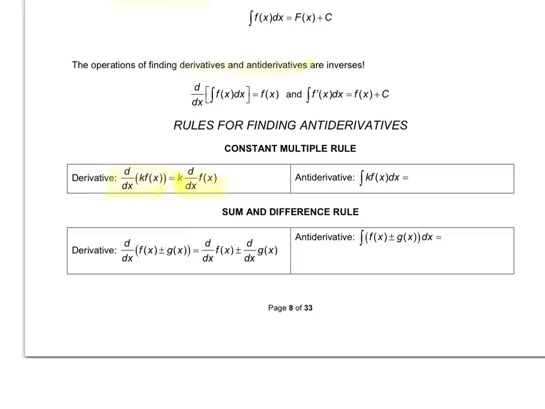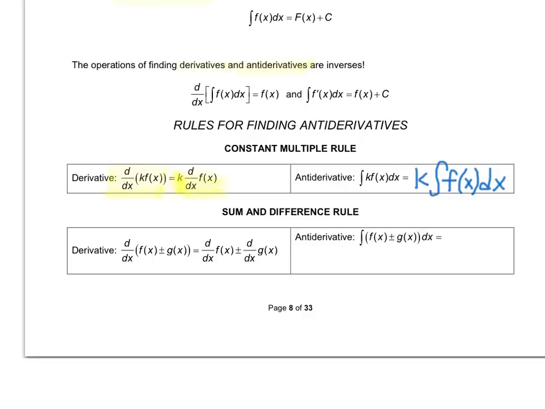Okay, so the same rule applies when you do an antiderivative. If you have a constant that's being multiplied to your integrand, then you can just pull that constant out to the front and then use your antiderivative rules to come up with the answer for your indefinite integral.